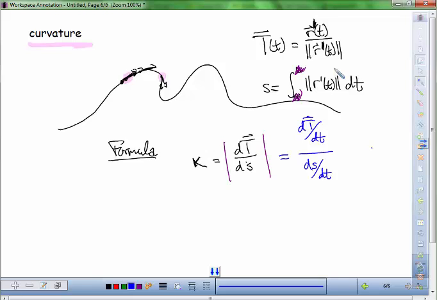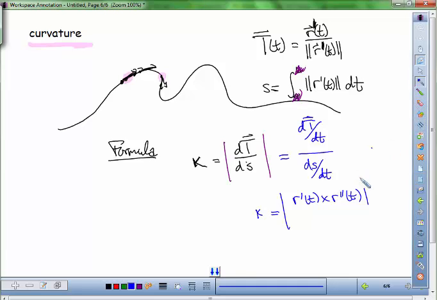All right, well, there's another formula in the book. The curvature is the absolute value of r prime of t cross r double prime of t, and absolute value, divided by the absolute value of r prime of t cubed.